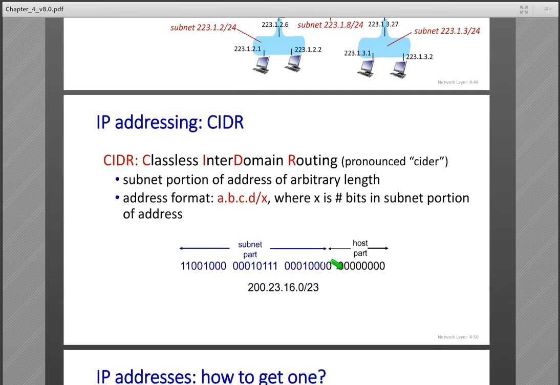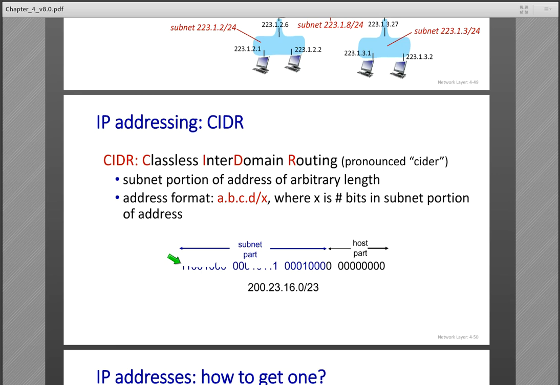The host ID part is completely 0. This is the first IP address in a network, or the beginning address of a network. I cannot use this address to assign it to a computer. So the first address is the address of that network.